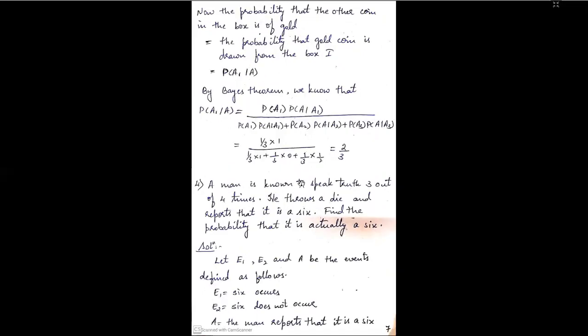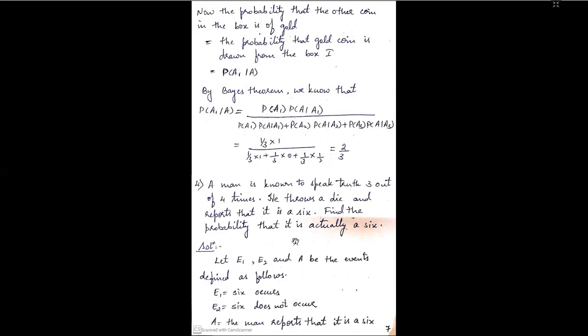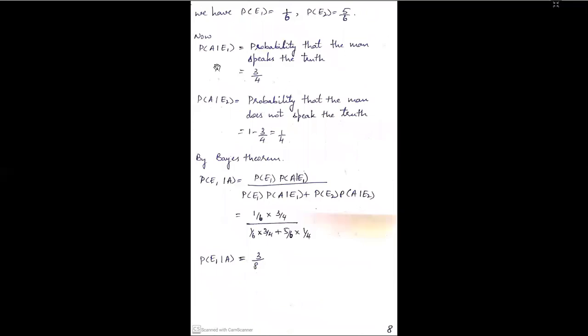The man is known to speak the truth 3 out of 4 times, which is already given. So the probability of A given E1 is equal to 3 by 4, because he has reported that it is a 6 and a 6 actually occurs.